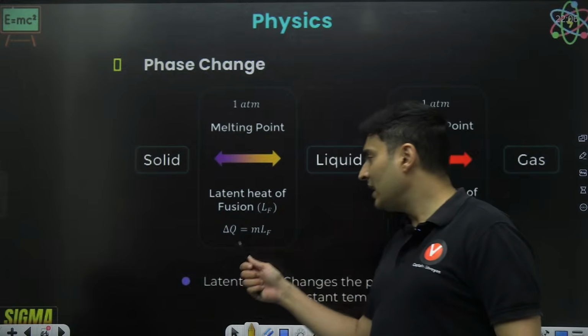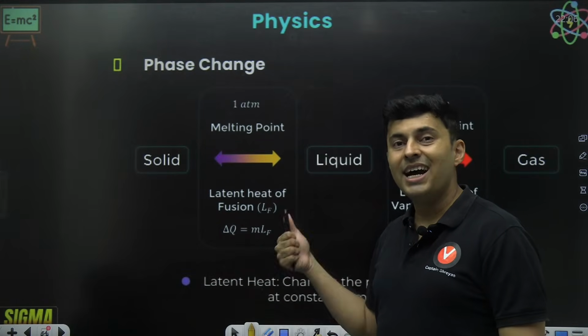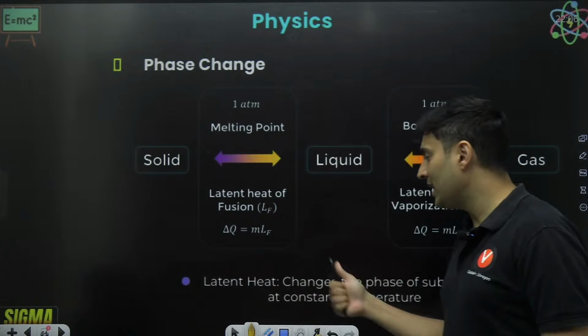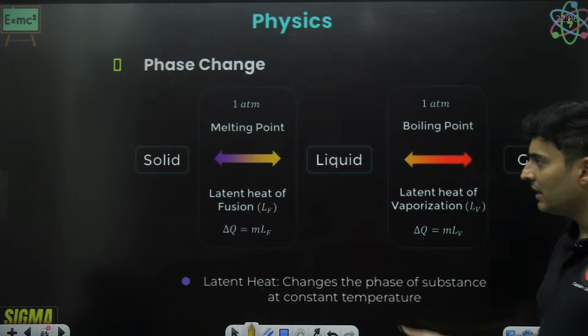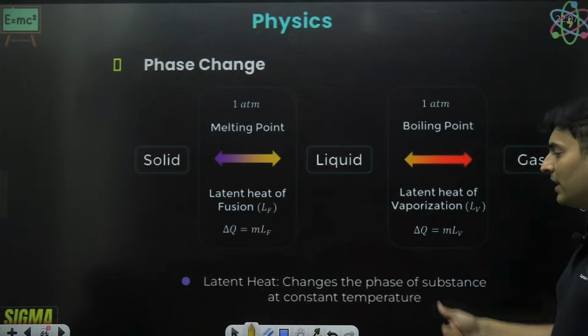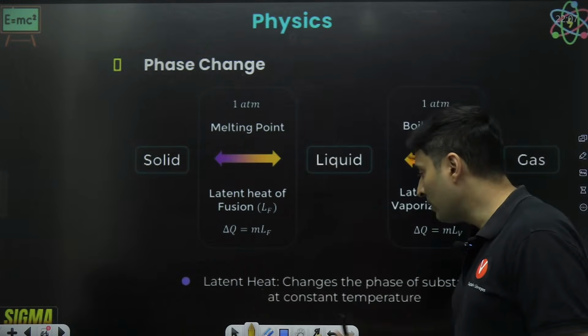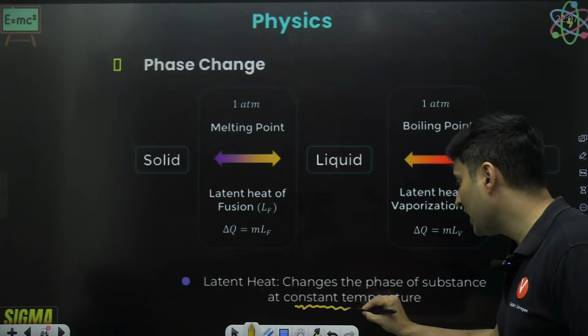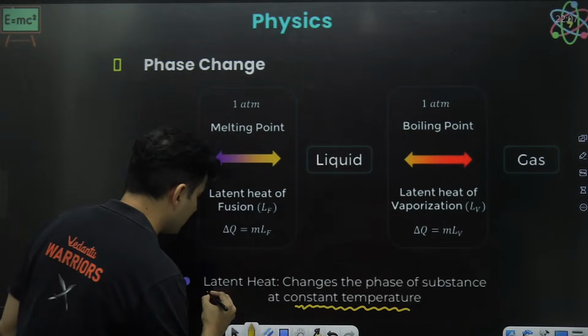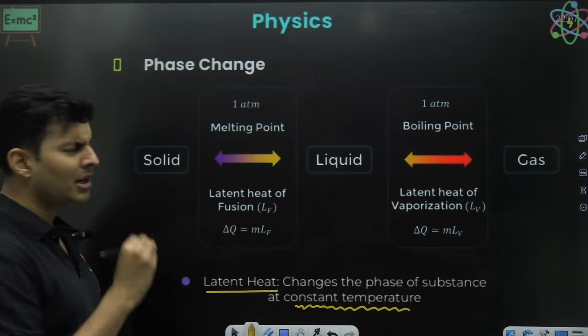So that heat formula is given by M into L. M for mass, L for latent heat in that transformation process, latent heat of that phase change. Remember, the temperature is constant whenever the phase transformation happens. Very, very important.